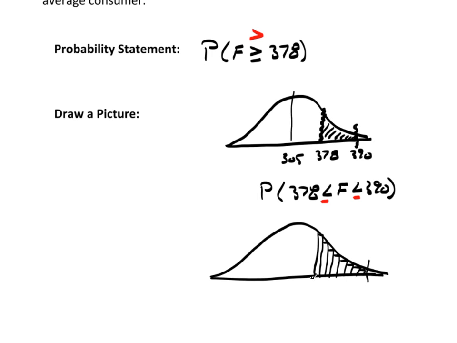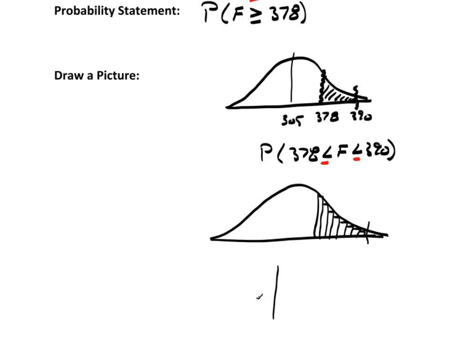Well, if I let the widths of these boxes get infinitely small, I'm adding up an infinite number of boxes, which gives me an exact area under the curve. So if I have a height and a width, you know that the area equals height times width.